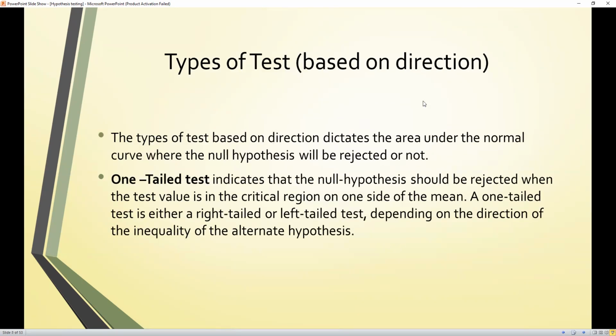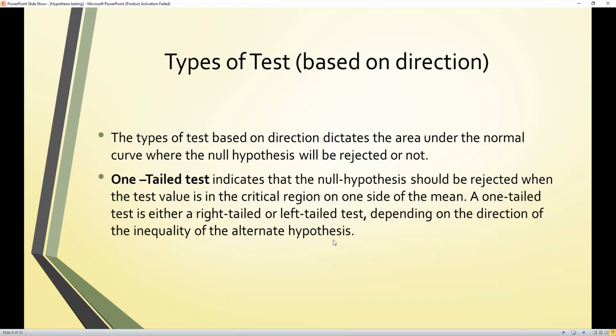So, the types of tests based on direction. Okay, so we have what we call here the one-tailed test, because this test indicates that the null hypothesis should be rejected when the test value is in the critical region on one side of the mean. A one-tailed test is either a right-tailed or left-tailed test, depending on the direction of the inequality of the alternate hypothesis. So the one-tailed test is based on the direction of the test being done, whether it shows a less than or greater than, especially in the alternate hypothesis.